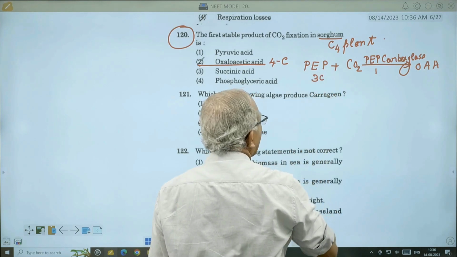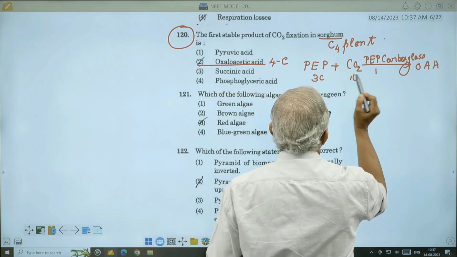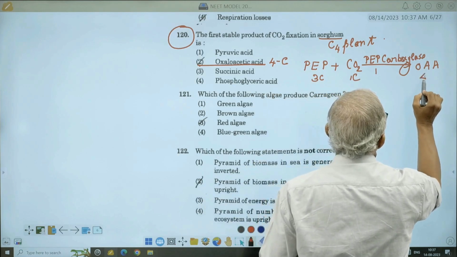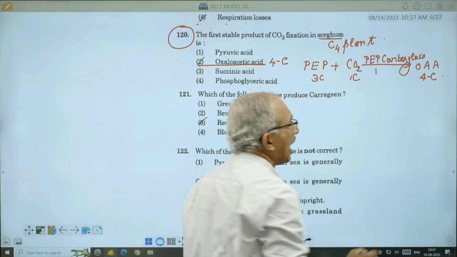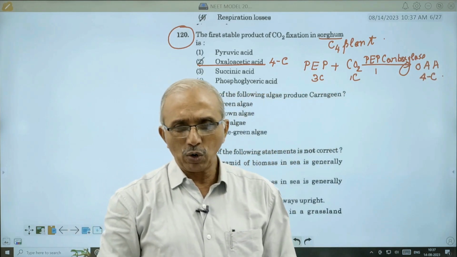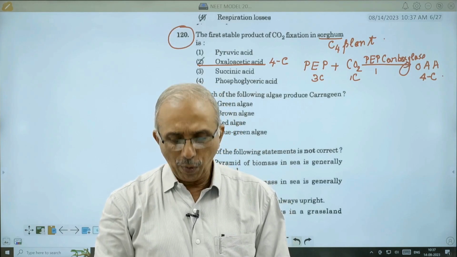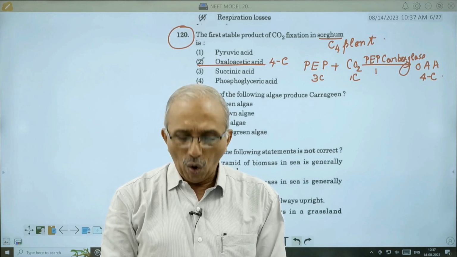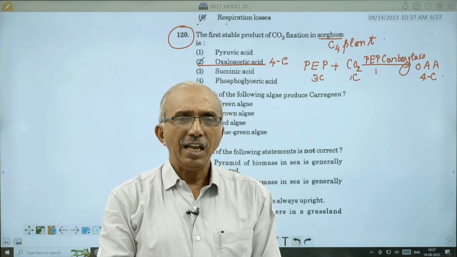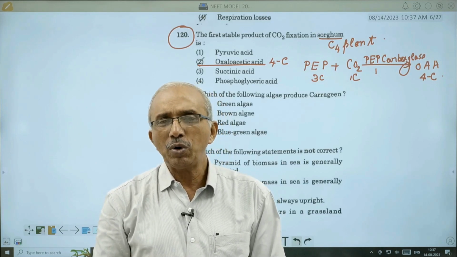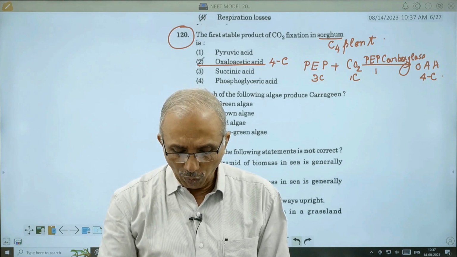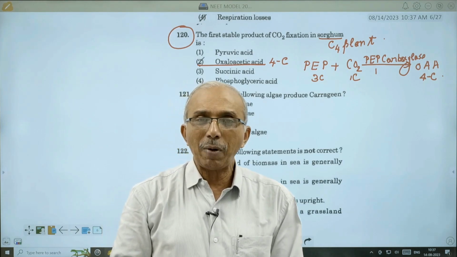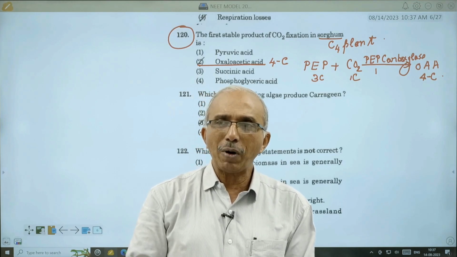PEP is a 3-carbon compound, carbon dioxide is a 1-carbon compound, and oxaloacetic acid is a 4-carbon compound. The first stable product of the C4 pathway is oxaloacetic acid. It is a 4-carbon compound, so it is called C4 pathway. C4 plants show C4 pathway.